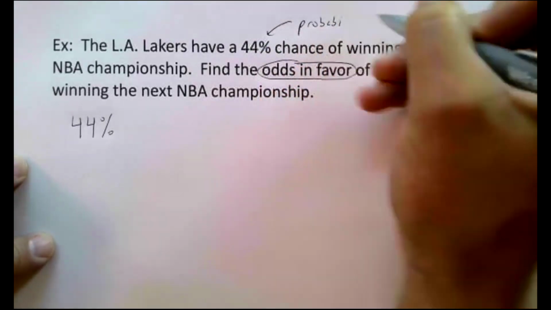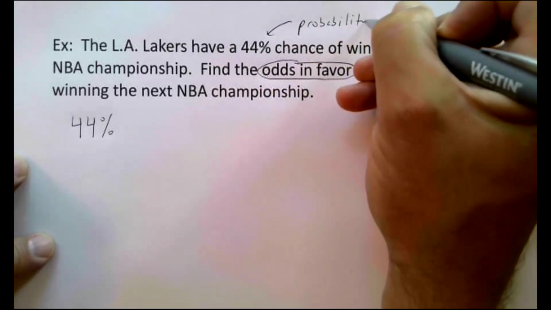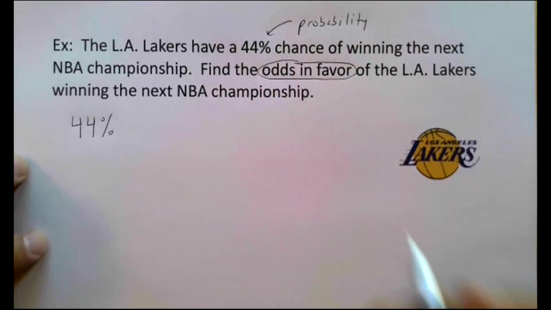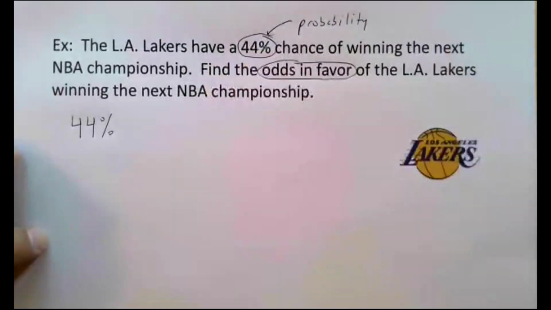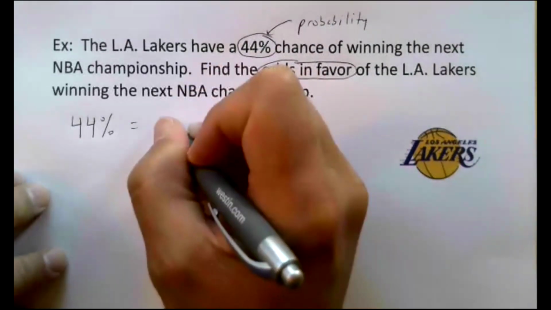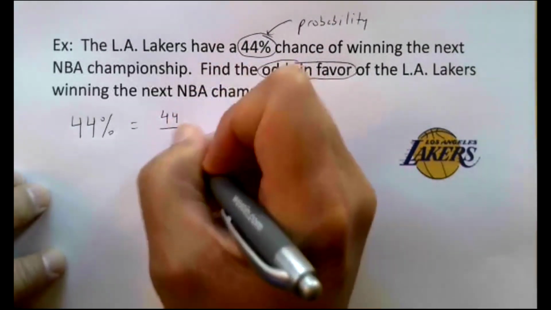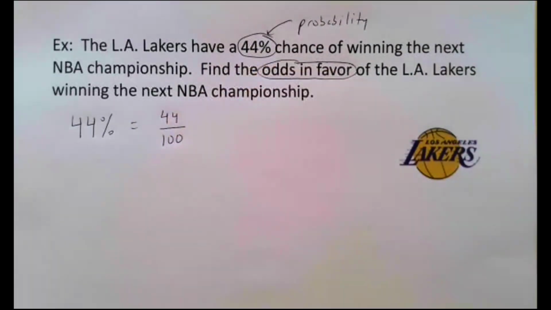Remember, probability can be written either as a fraction, a decimal, or a percent. So we're just given the percent version of the probability. What does percent mean? Percent means out of 100. So one way, if we wanted to write it as a fraction, we could write it like that.